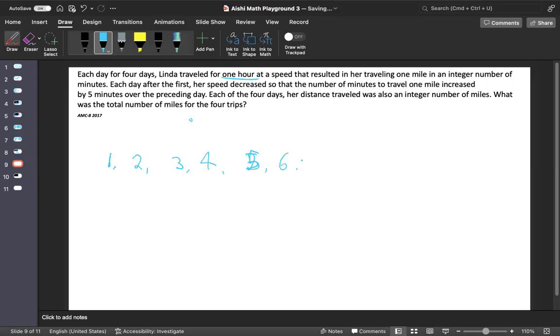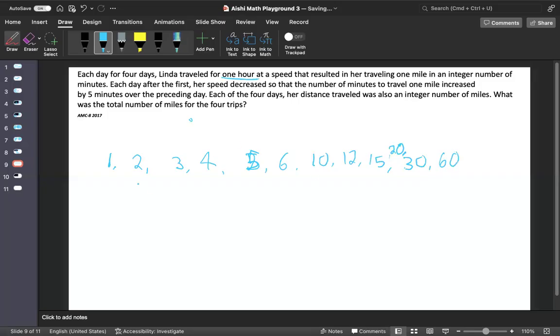We don't have 7, not 8, not 9, 10, not 11, 12, not 13, not 14, 15, and then we have 30, and we also have 20, just in case I forgot that. 30, and we have 60.